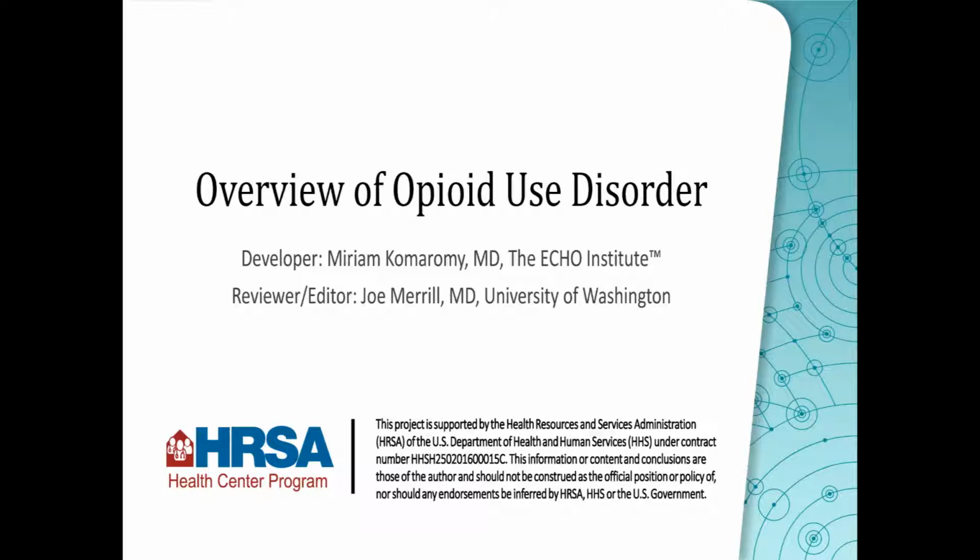So why have opioids become such a big problem in the United States? Well, the United States consumes much more opioids than any other country. There's an insatiable appetite for opioids in the United States. In the 1990s, the Joint Commission designated pain as the fifth vital sign and was pushing providers to eliminate pain as part of effective treatment.